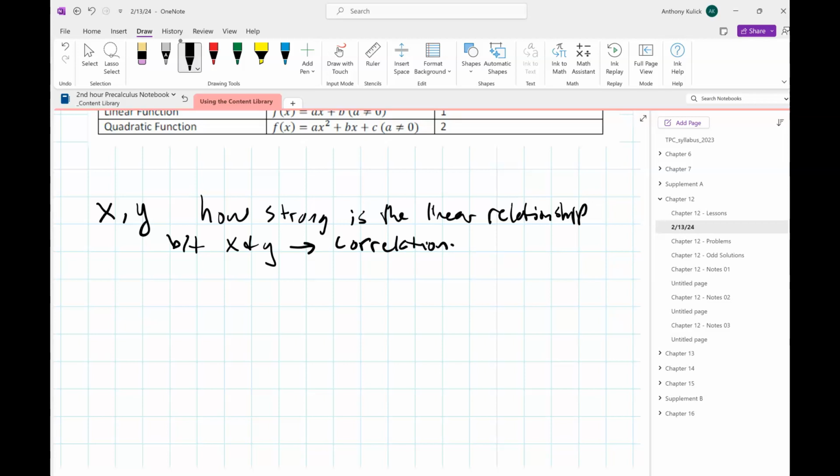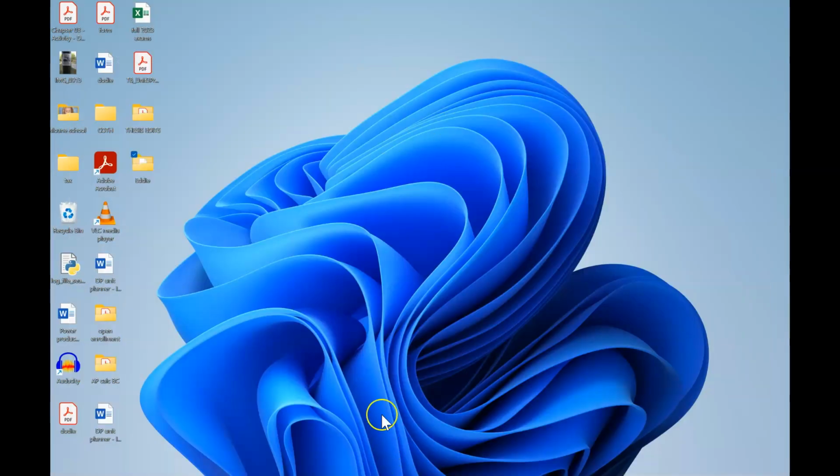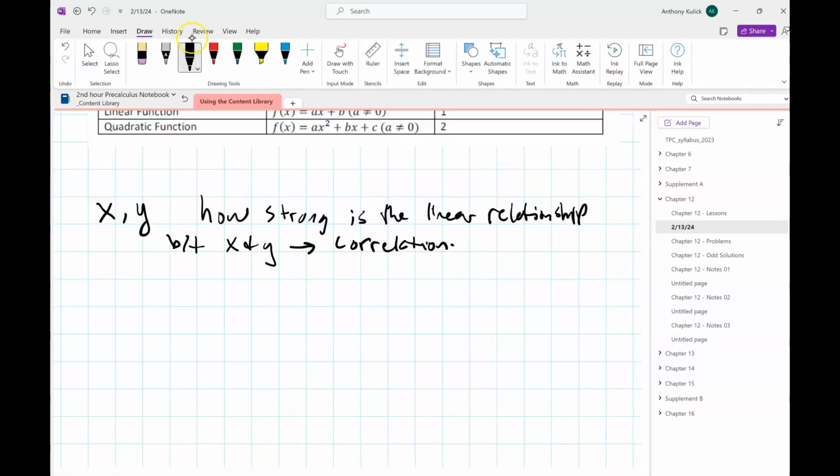That's what we mean by correlation. Actually, let's do that, yeah. So in mathematics, we use the letter R to represent correlation. Correlation is a real number between 0 and 1. I'm sorry, negative 1 and 1.